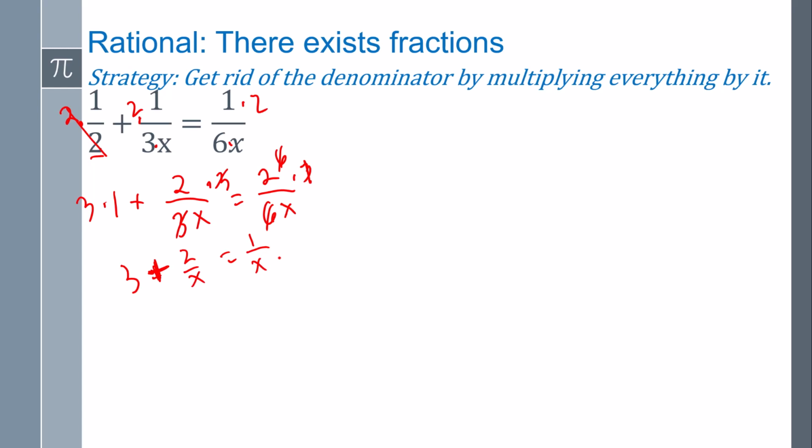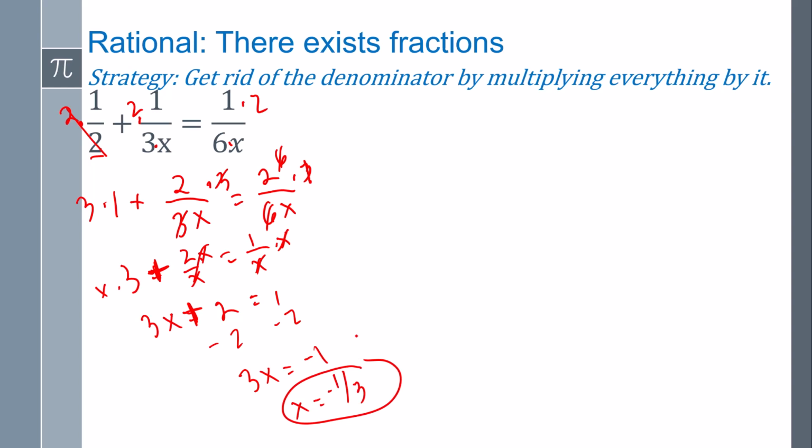So multiply everything by x. So you get 3x plus 2 equals 1. This is a line. Subtract 2 on both sides. 3x equals negative 1. Divide by 3. And that's going to be our solution.